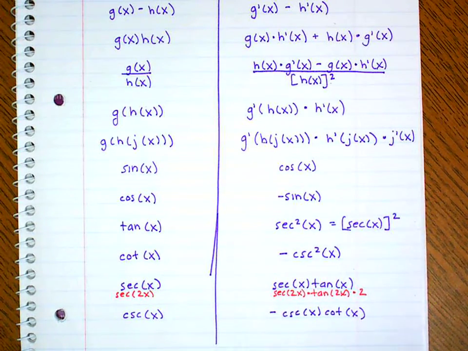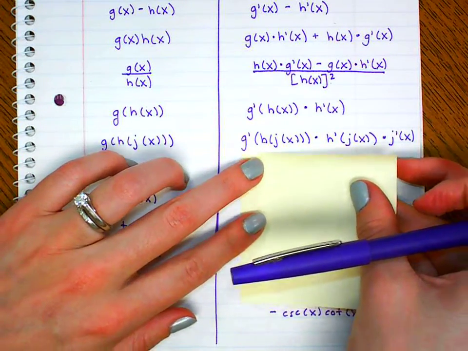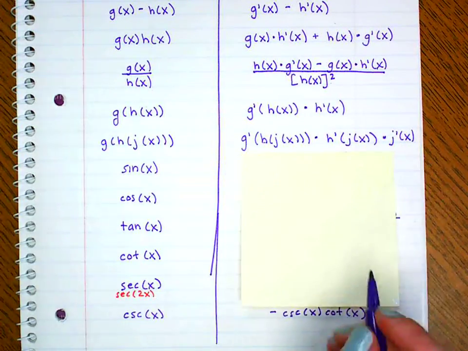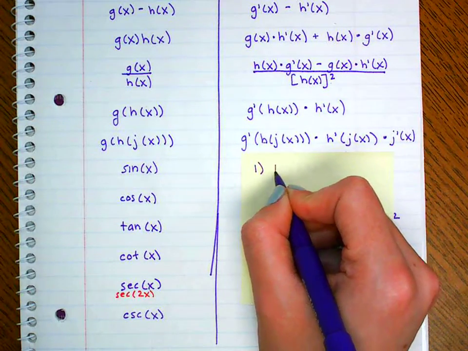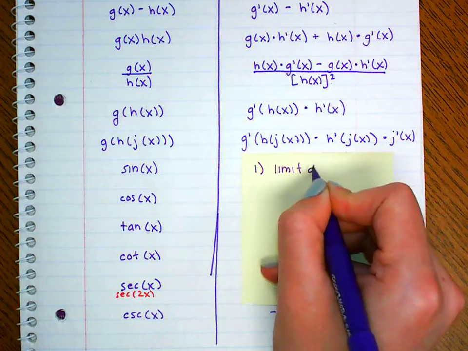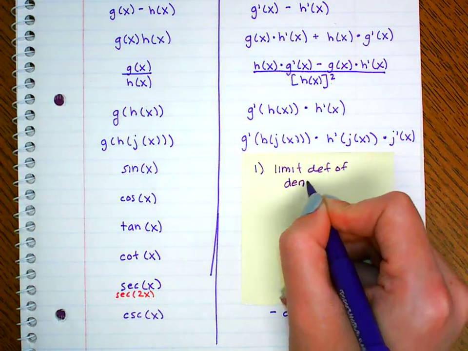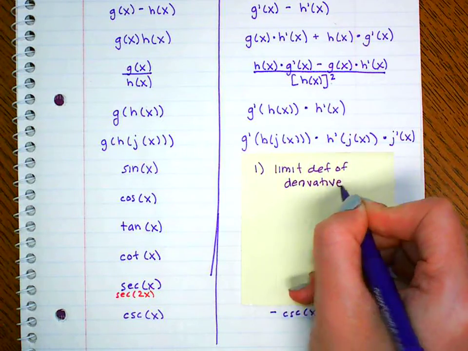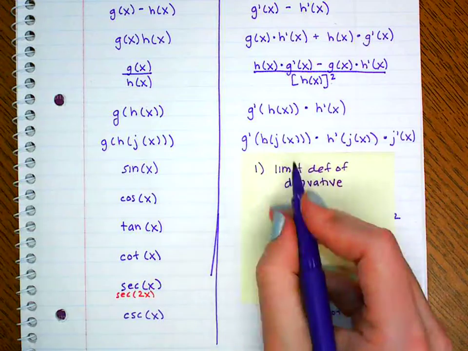A couple other things that you might want to remember to look over, and I'm just going to make a little note on a sticky note because you guys know I like sticky notes. Some things that you want to make sure you can be able to do. Make sure you know how to deal with the limit definition of a derivative, whether it's evaluating it or just using it to pull out the function and then just finding the derivative the way we know how to now.